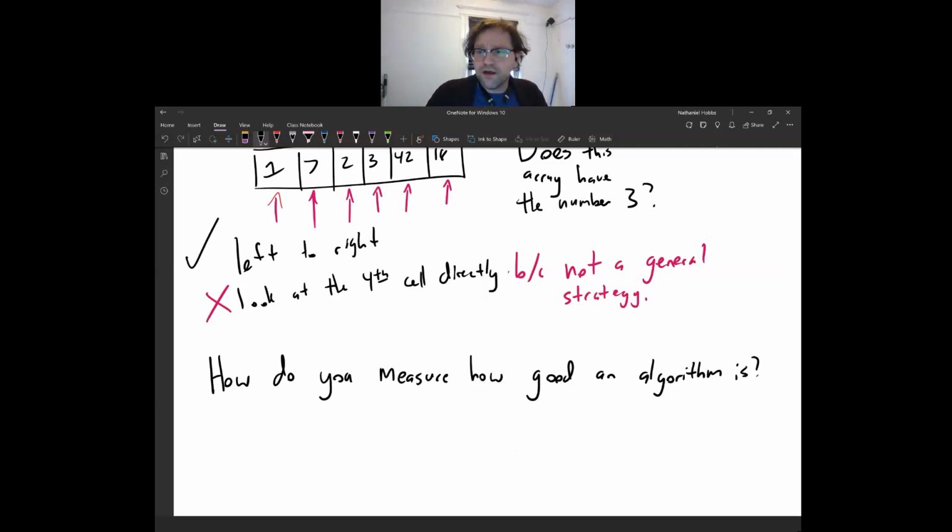The ones that don't work, let's not talk about them because they don't work. But for the ones that do work, let's say I have 2 search algorithms, might there be a time where I would prefer one algorithm over the other? How do I make that decision of which one of these things is better?